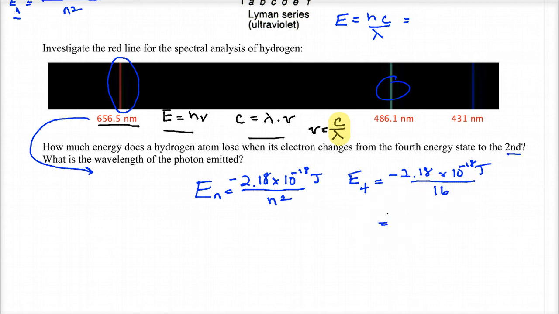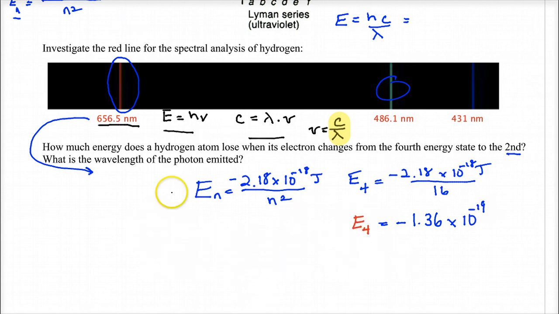Put that in your calculator, negative 2.18, second function, to the negative 18, divided by 16. This is the fourth energy level. So I get the energy of the fourth energy level to be negative 1.36 times 10 to the negative 19. So that, of course, is the energy of the fourth.